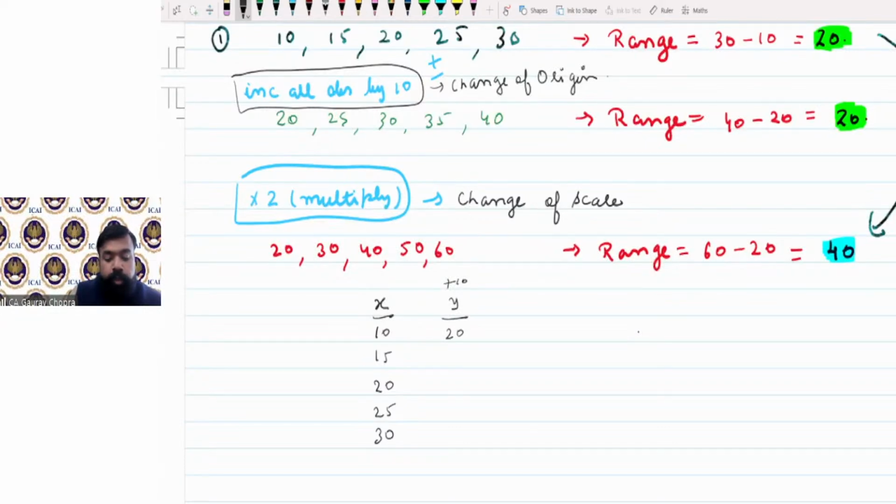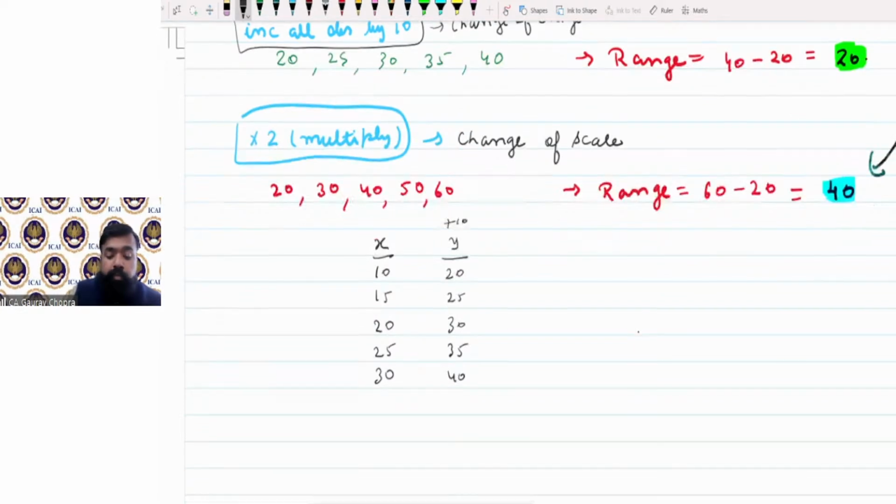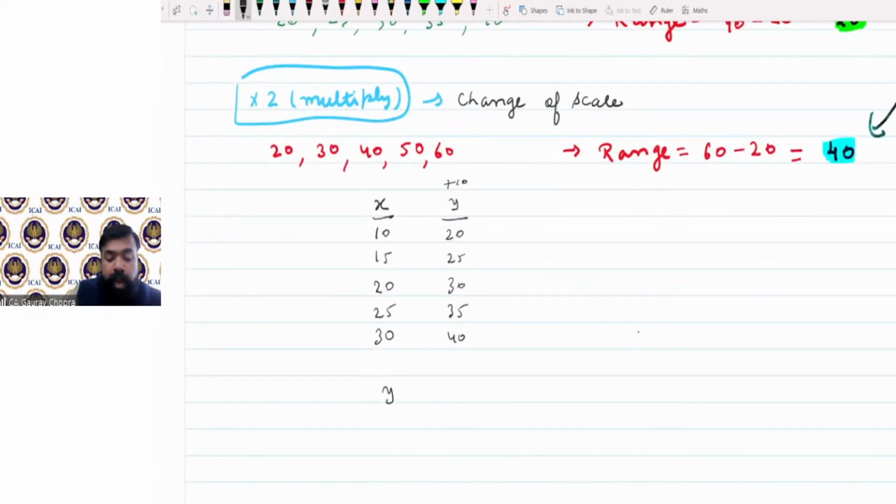So it becomes 20, 25, 30, 35, and 40. For making y, we have added 10 to x. So 10 plus 10 is 20, 15 plus 10 is 25, 20 plus 10 is 30, and so on. So we have formed an equation y is equal to x plus 10.